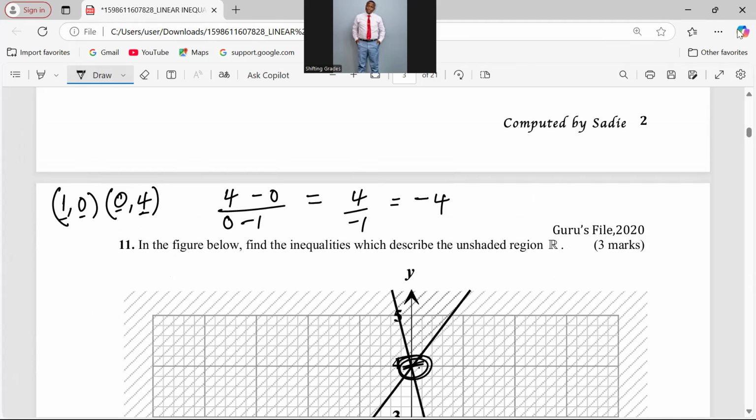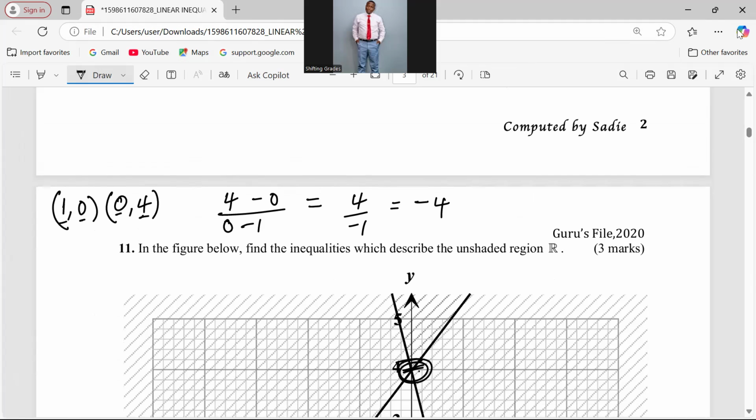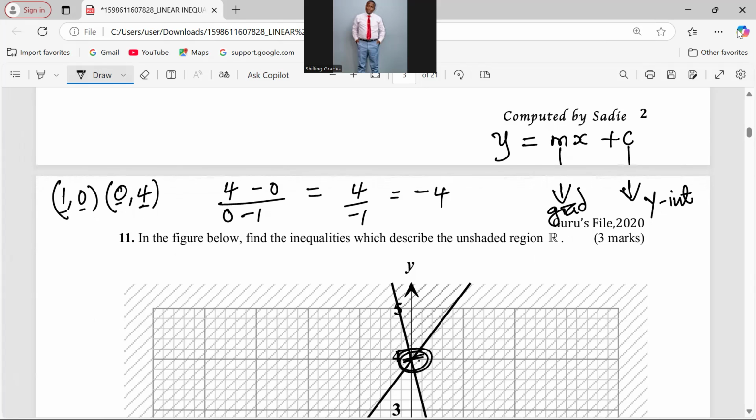So coming up with this equation will be very easy. Remember, in the general equation, y equals mx plus c, m is usually the gradient, and c is usually the y-intercept. Therefore, with the y-intercept and also the gradient, we can express the equation very quickly: y equals, instead of m, we have the gradient, -4x.